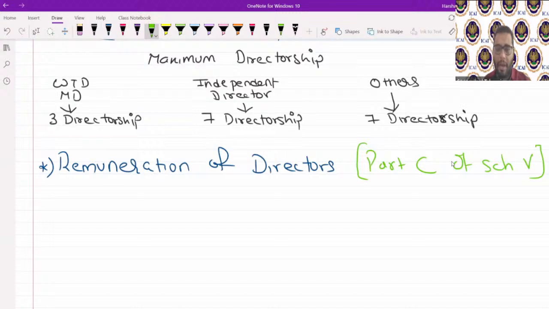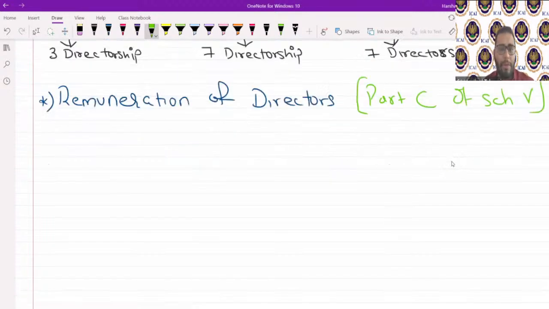Now this is for LODR. I'm done with the company section 177 over. I'm not discussing that again. I'm now on to the LODR. Now these are the disclosure requirements regarding directors remuneration.